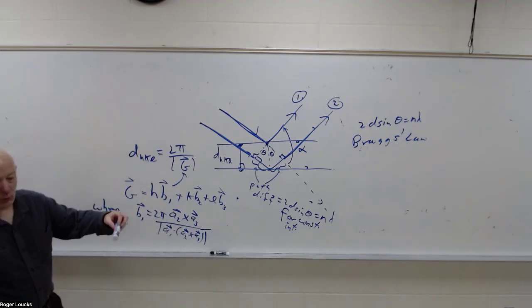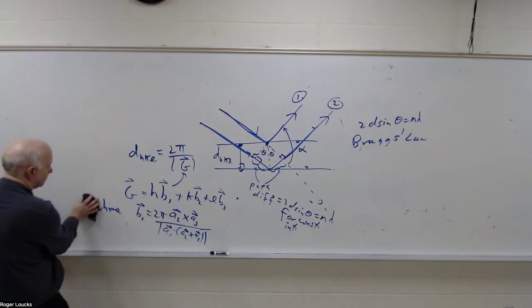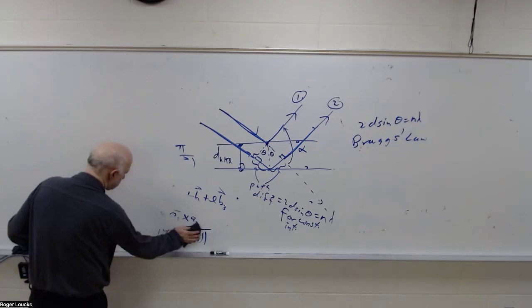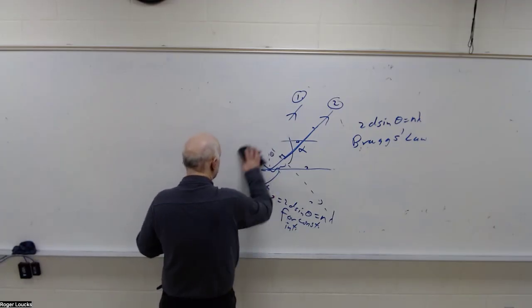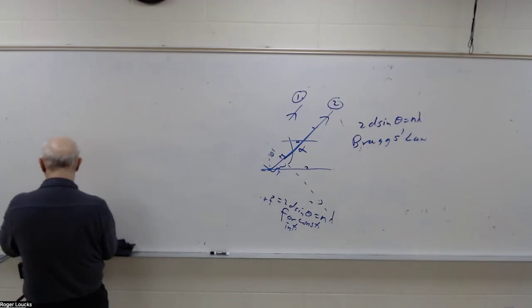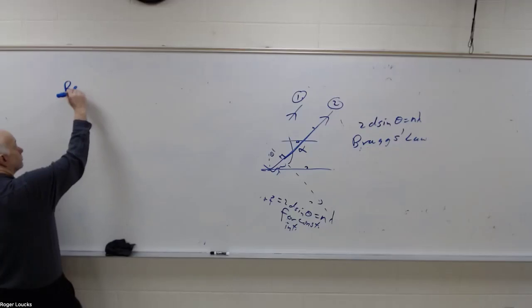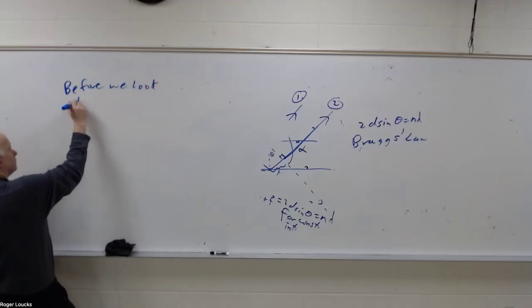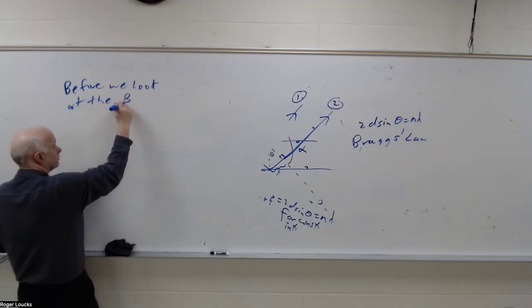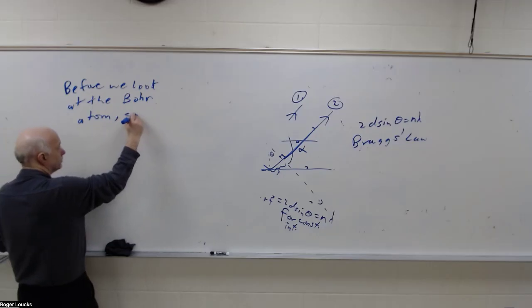Okay, let's go on historically a little bit, and then we'll tie this in. I want to show you a little bit more about X-rays, but now we want to get to the Bohr atom, and once we have the Bohr atom, I can tie this back into X-rays again. So before we look at the Bohr atom, some history.